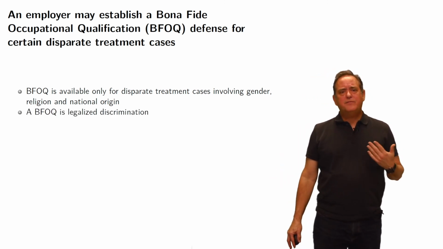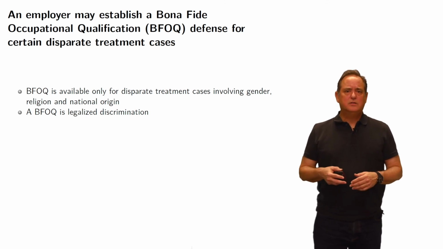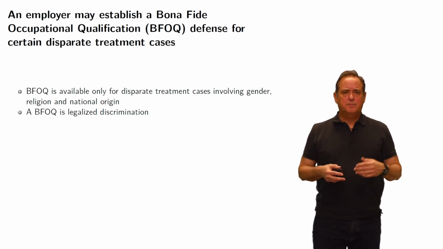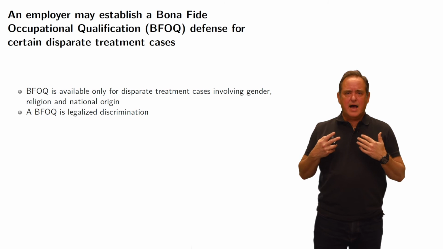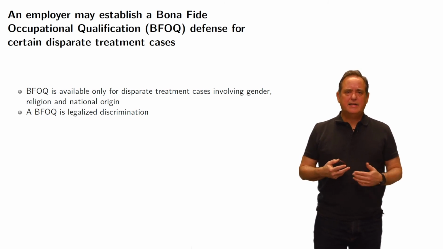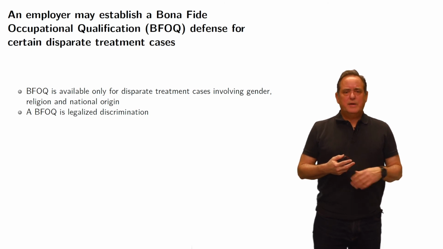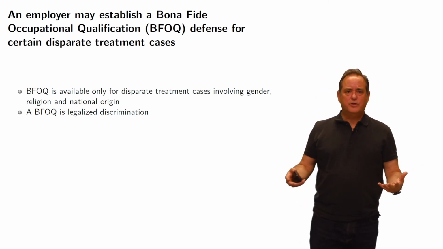Nevertheless, what BFOQ essentially is, is legalized illegal discrimination, a bona fide occupational qualification. If I can establish that I must hire this person for this reason, then I can do so. When we get to religion, we'll see that it has a very broad BFOQ.